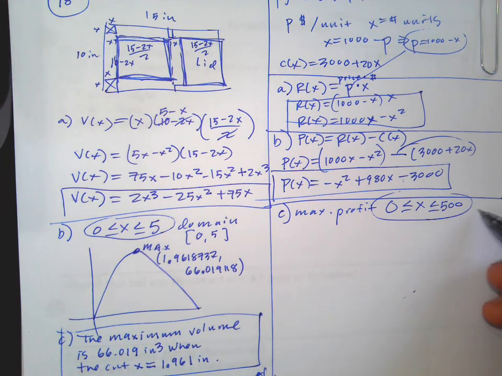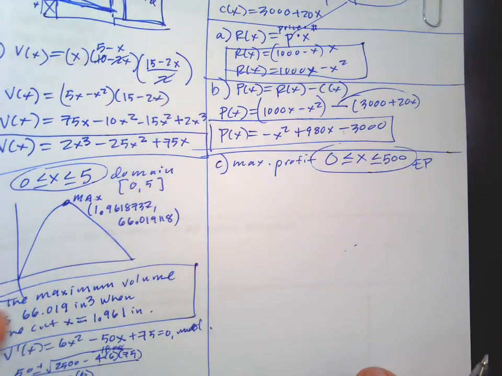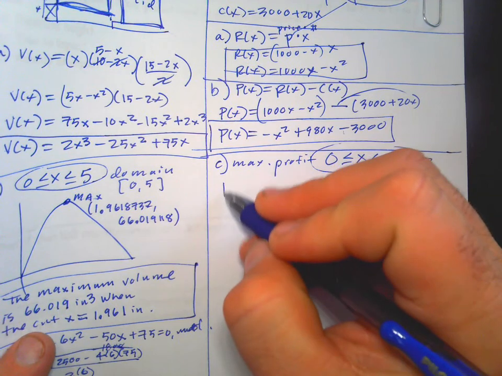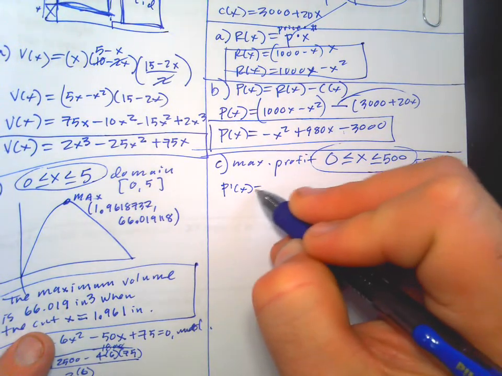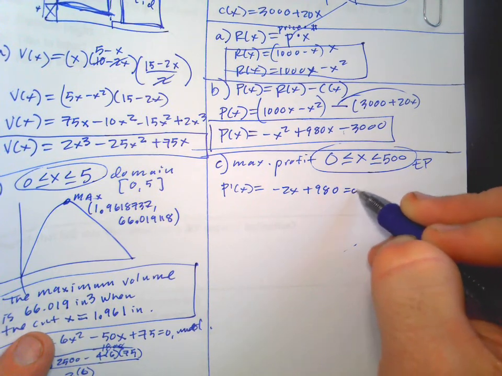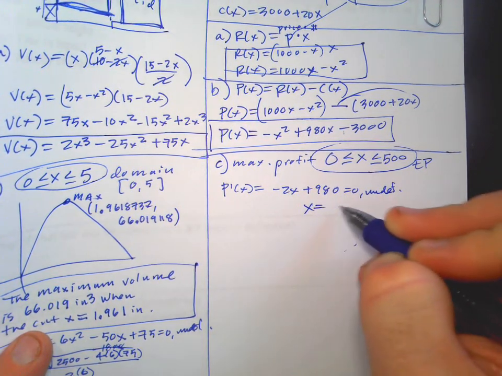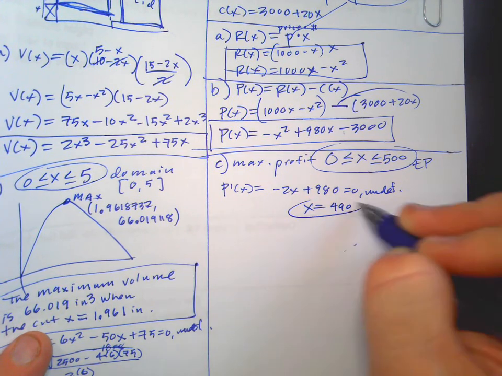So these are your endpoints, and we can now use the extreme value theorem. We take a derivative: negative 2X plus 980 equals 0, never undefined. So X equals 490 is your critical point.